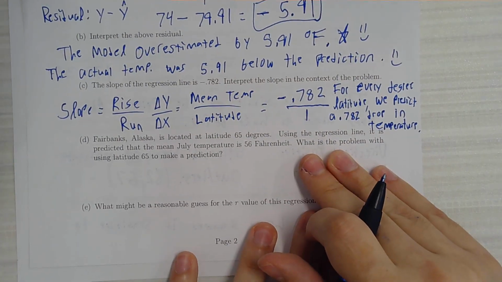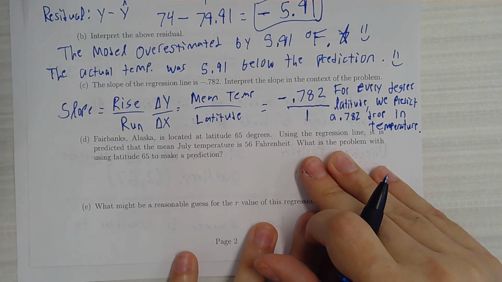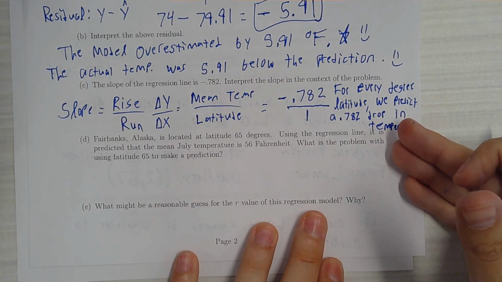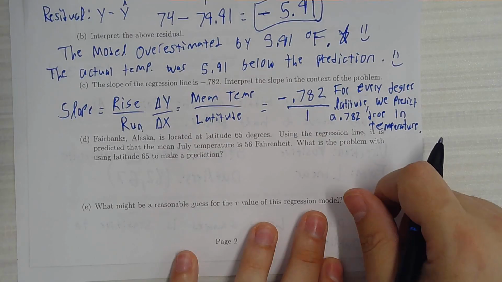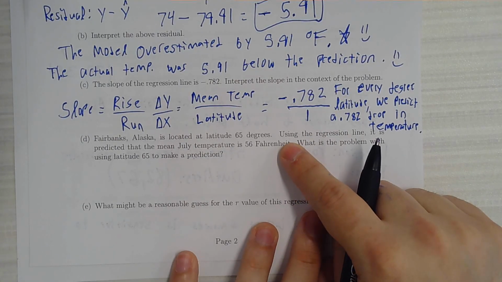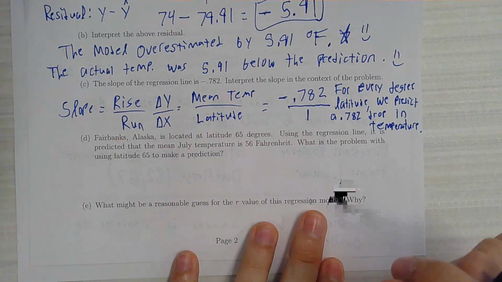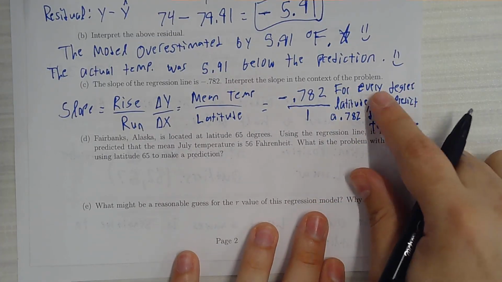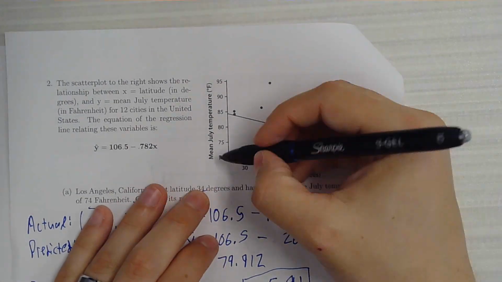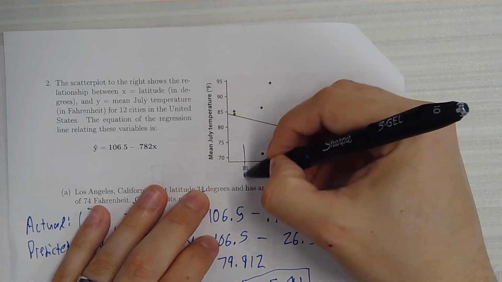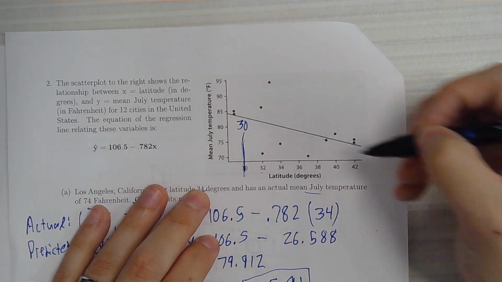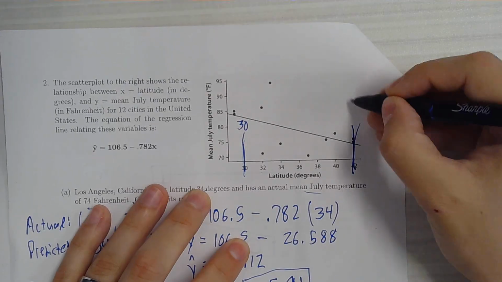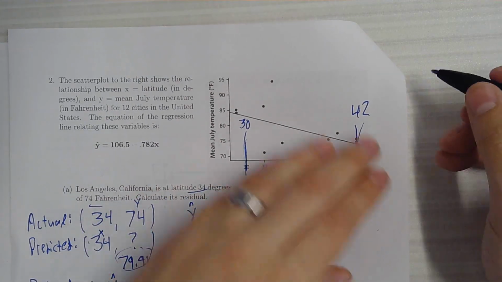D. Fairbanks, Alaska is located at latitude 65 degrees. Using the regression line, it is predicted that the mean July temperature is 56 Fahrenheit. What is the problem with using latitude 65 to make a prediction? Well, look at this graph here. Notice how it begins, like at 30? And then it goes to 42, right?